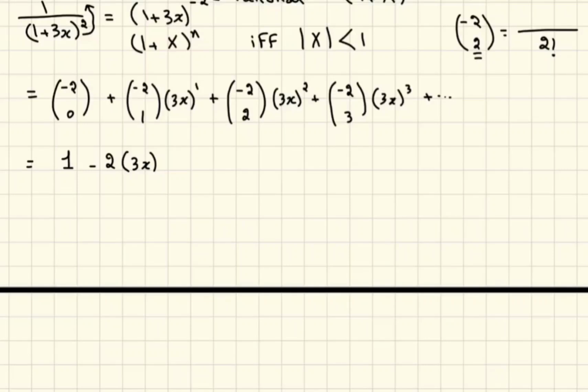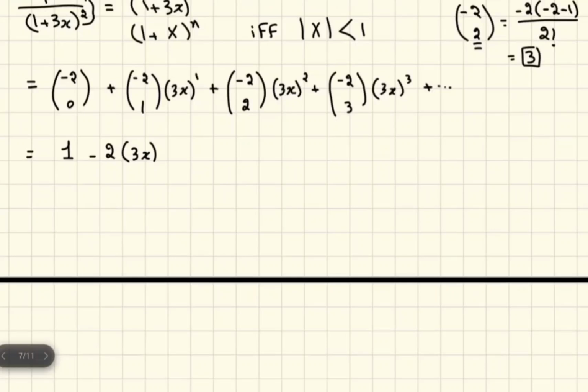And on top we need 2 factors starting with minus 2. And we subtract 1 to get the next one, so minus 2 minus 1. Once we simplify this, we're gonna get positive 3. So I write plus 3, and 3x squared, we need to distribute the square for the 3 and the x, and we get 9x squared.